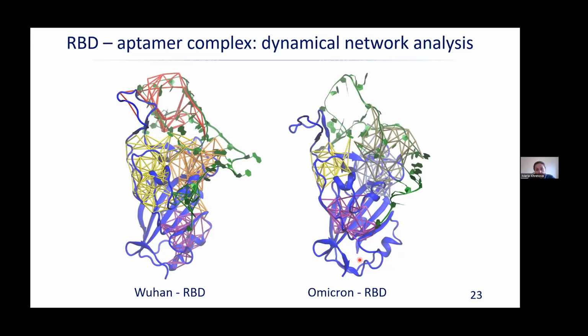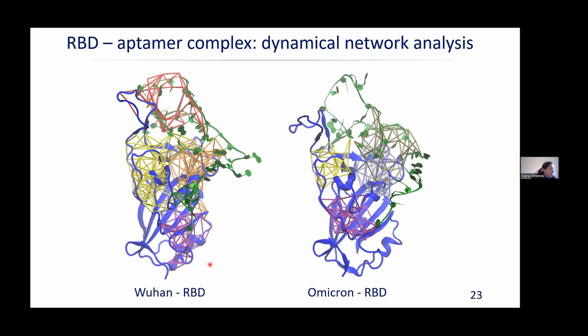So also we performed dynamic network analysis, as in many cases it's an indication of cooperativity of motion, and so it can also shed light on which complex is more stable.